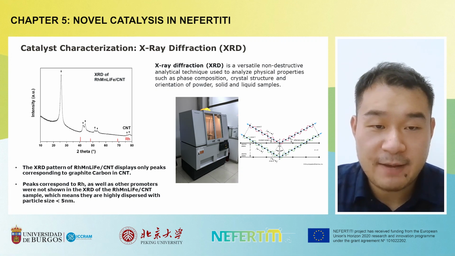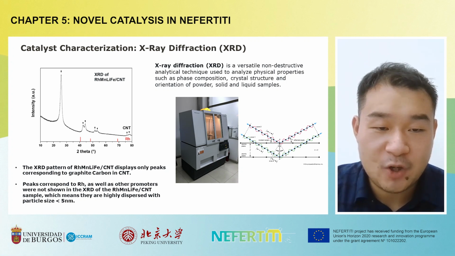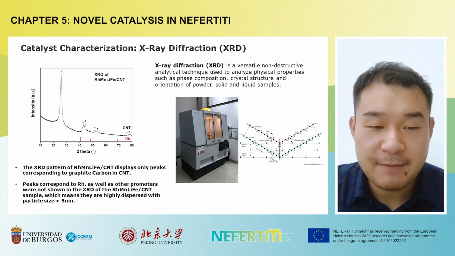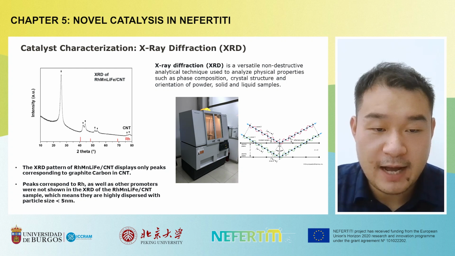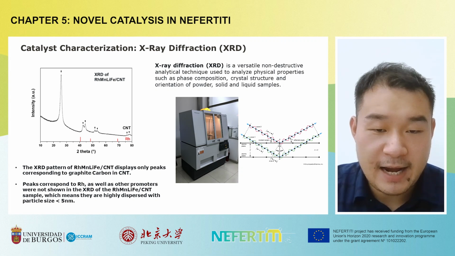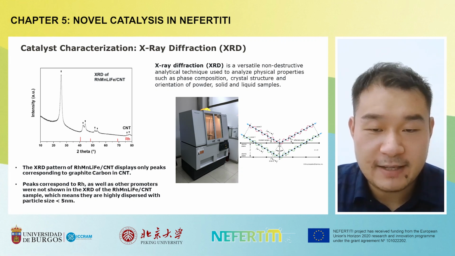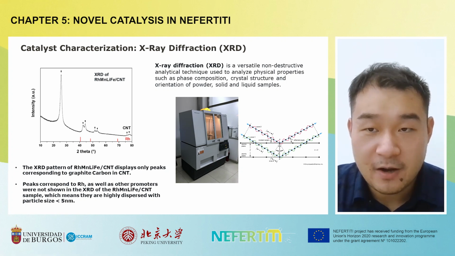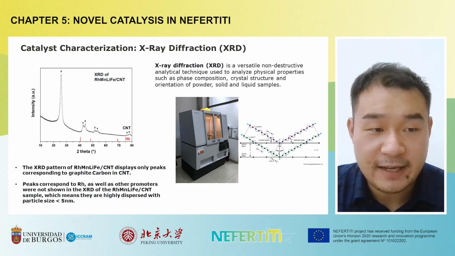The figure demonstrates that the XRD pattern of the prepared supported rhodium-based catalyst displays only the peak corresponding to graphite carbon in the carbon nanotube, and peaks corresponding to rhodium, as well as other promoters, are not shown in the XRD pattern, which means they are highly dispersed with particle size less than 5 nanometers. So that's below the detection limit of the X-ray diffraction technique.